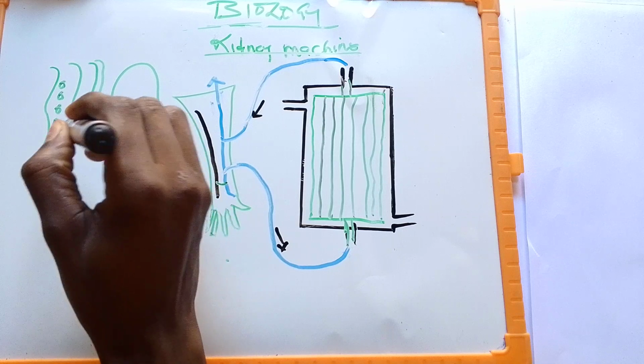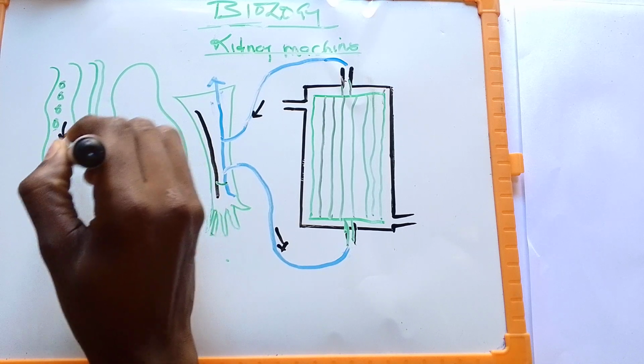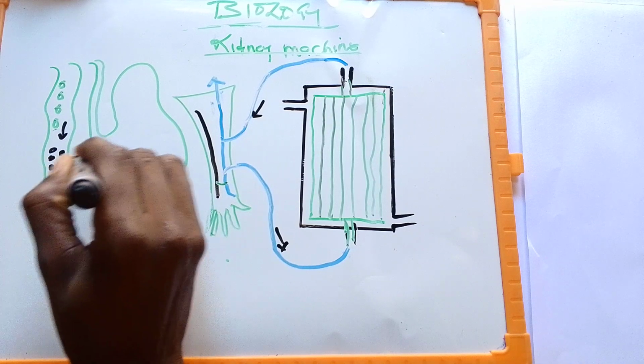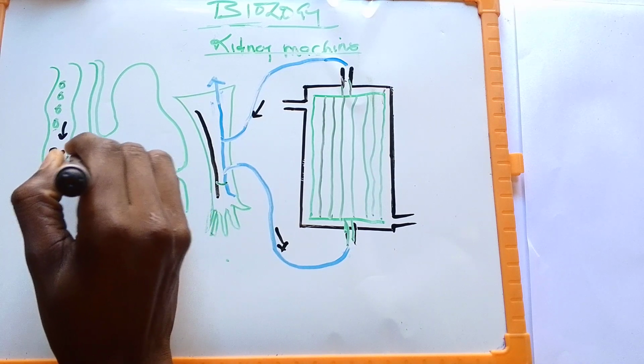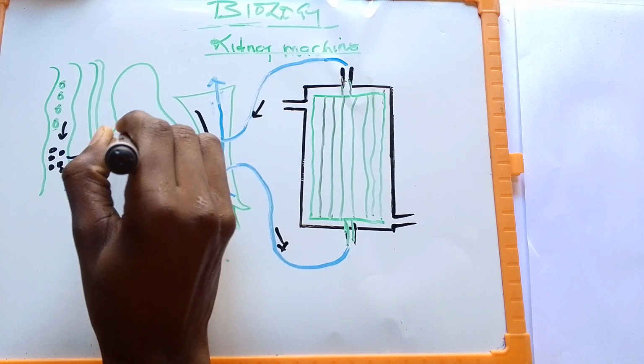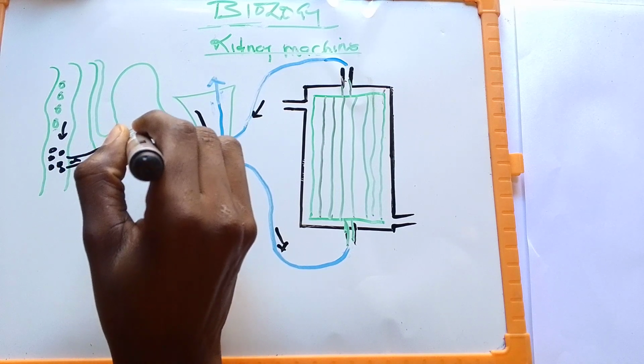So we assume that this part is the hepatic portal vein, which is taking the amino acid in this direction into the liver. So this one will be the liver.